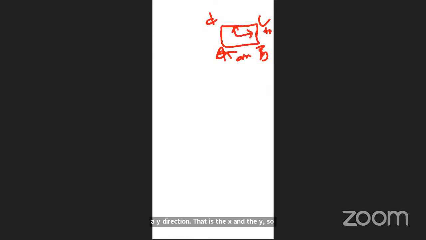So the total value along the x and y directions.